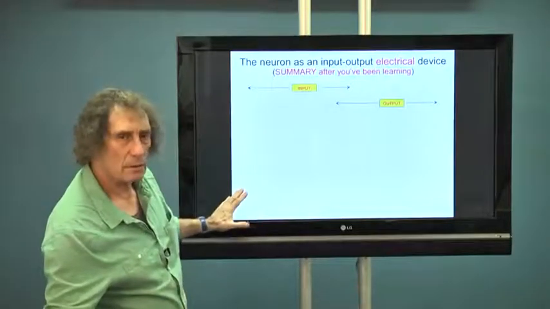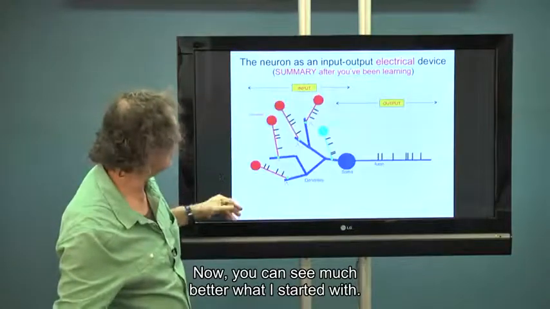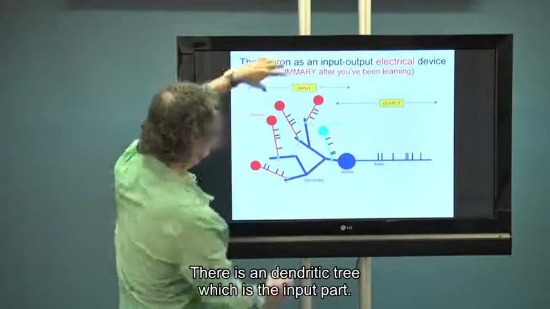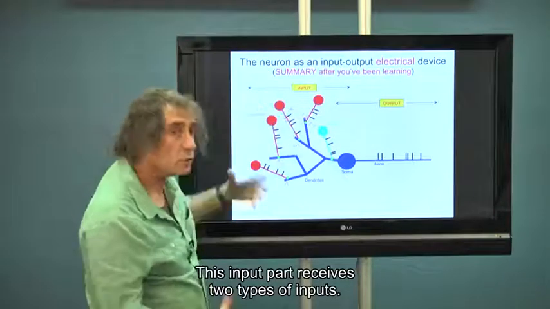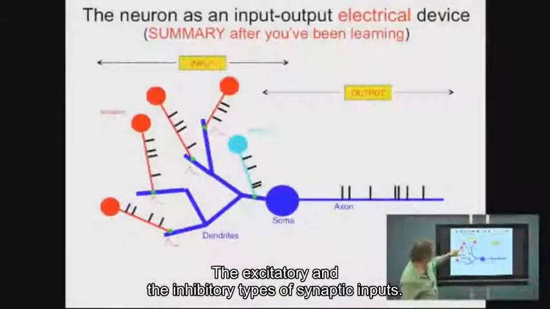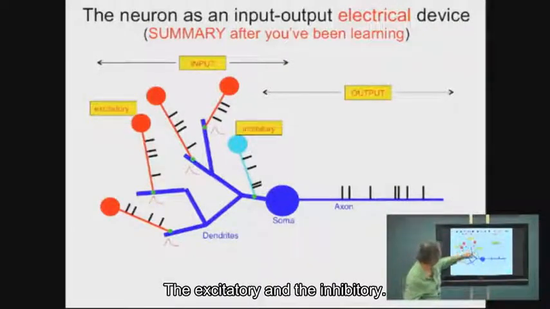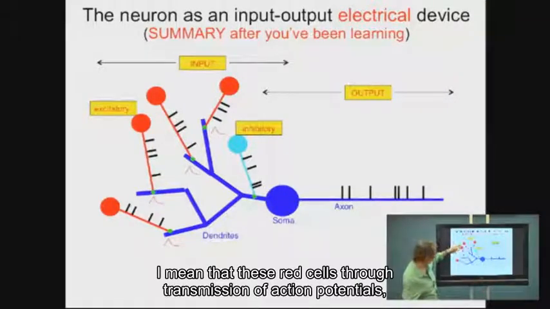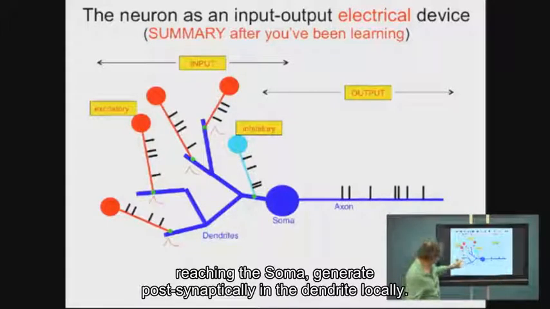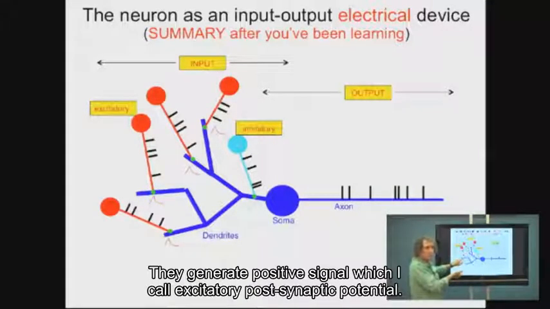So let us summarize. Now you can see much better what I started with. There is a dendritic tree, which is the input part. This input part receives two types of inputs, the excitatory and the inhibitory types of synaptic inputs. When I say excitatory, I mean that these red cells, through transmission of action potentials reaching the synapse, generate postsynaptically in the dendrite locally a positive signal, which I called excitatory postsynaptic potential.